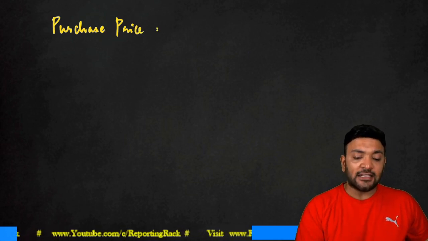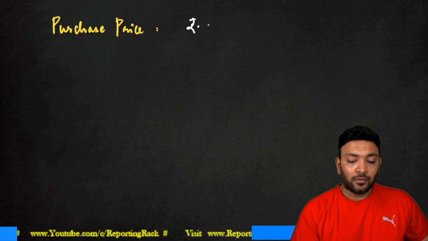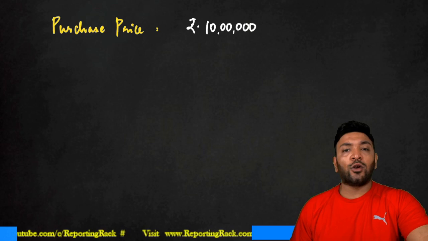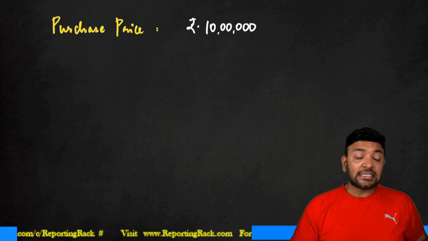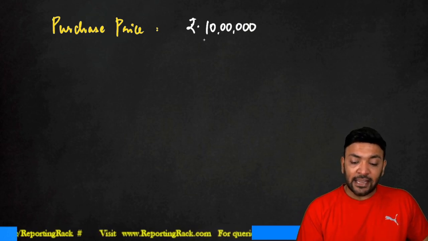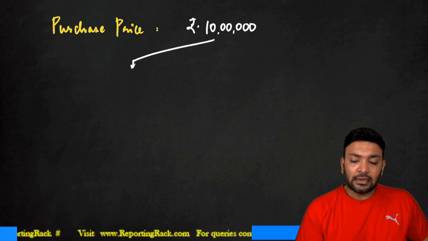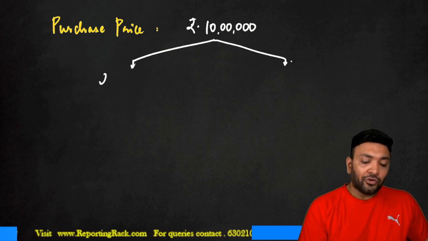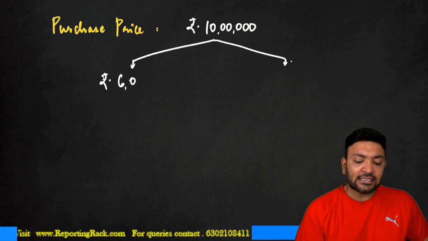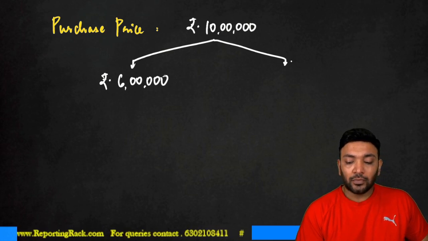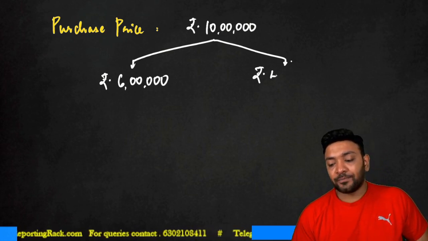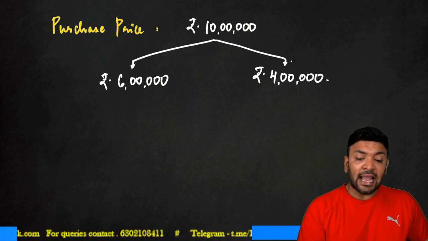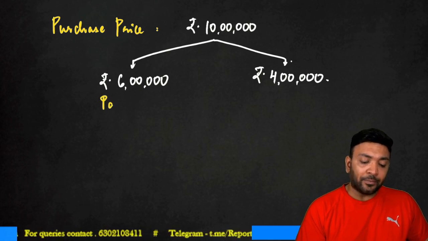My purchase price is equal to 10 lakhs. This 10 lakhs, which is the purchase price, can be broadly divided into two categories. Rupees 6 lakhs and 4 lakhs. 6 lakhs is paid immediately.